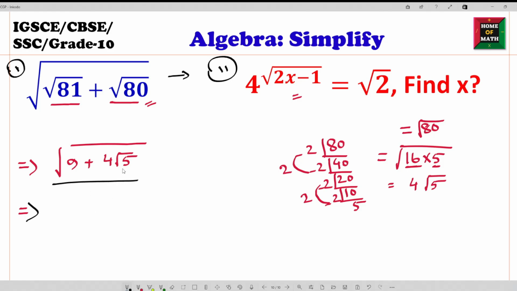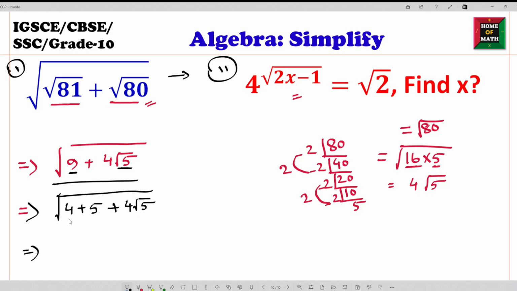Look, here is a root 5, here is 9. So we can make it like 4 plus 5, this one is 9, plus 4 root 5.